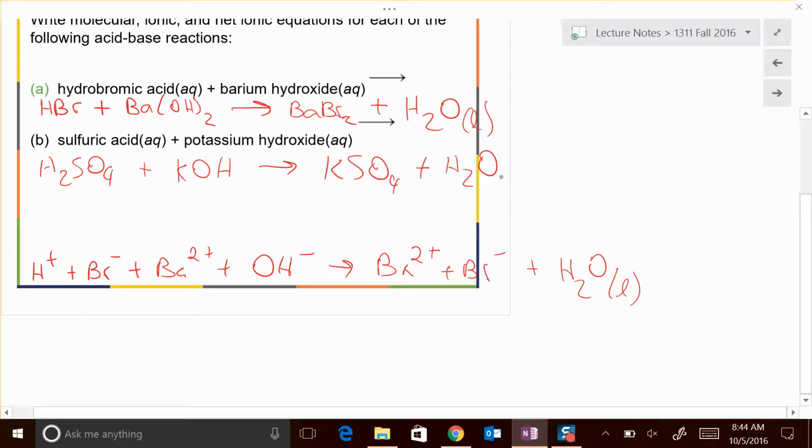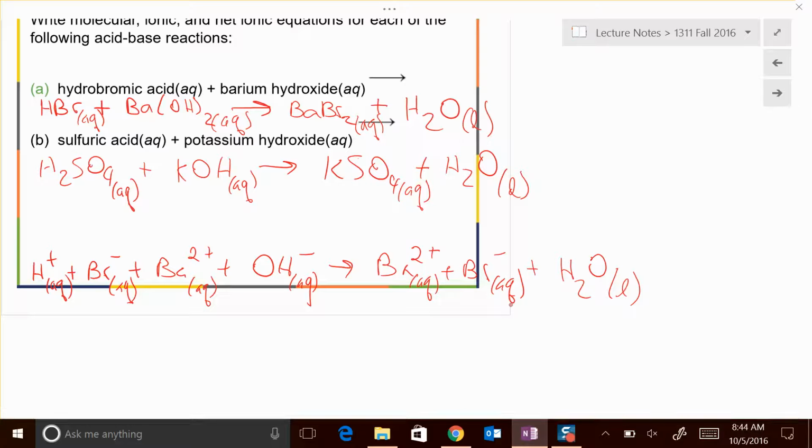This is a liquid, this is a liquid, these are aqueous. Okay, so this is going to be my ionic equation.